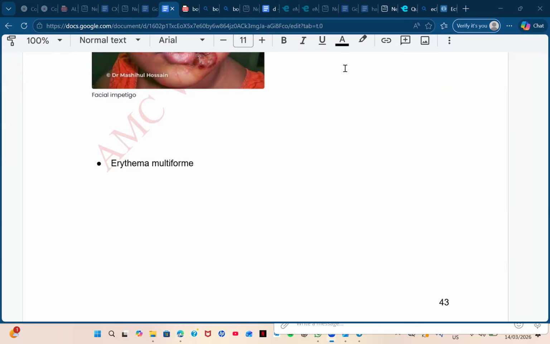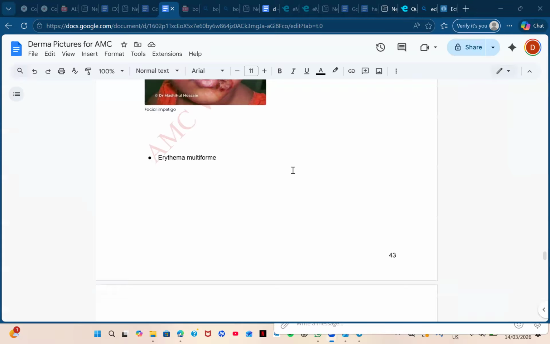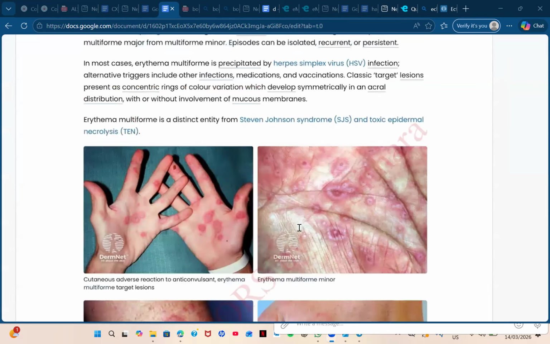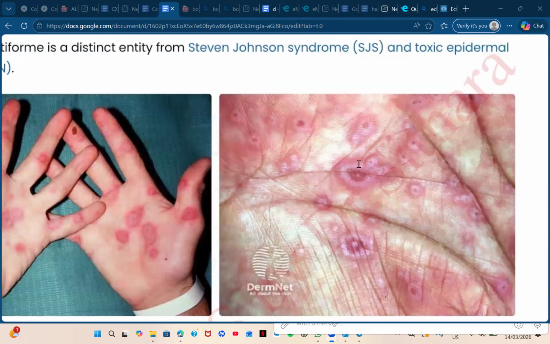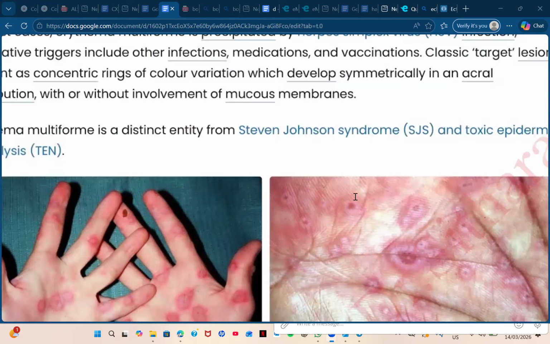What is the other name we call erythema multiforme? Donut, right? Target lesion, donut lesion. Yes, it's actually easy to remember it as a donut lesion, right? Here, can you see a donut? Target lesion or donut lesion.